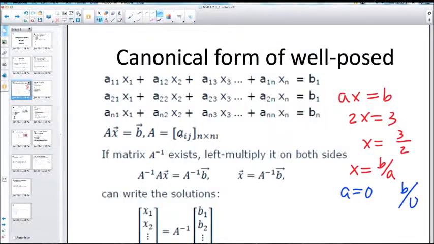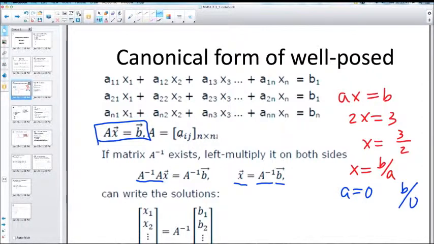The same is true if I have a matrix. We write the equation as Ax equals b. An easy way, of course, is we just multiply by the inverse of A, and then you cancel out the A on both sides. Your solution is A inverse times b. Looks good?